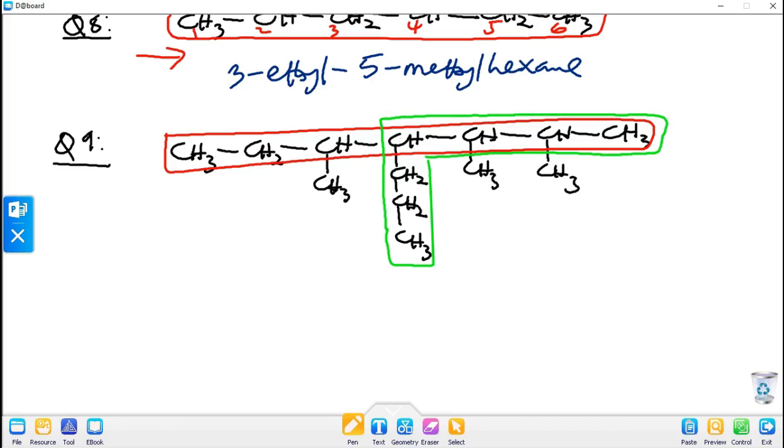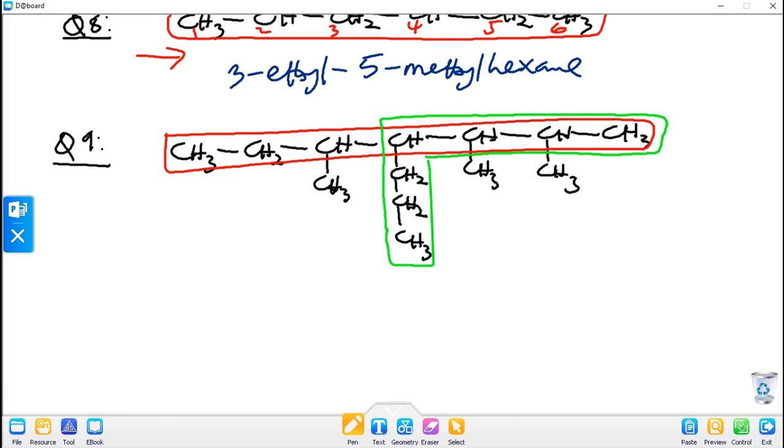Some other person may choose this counting, 1, 2, 3, 4, 5, 6, 7. And another student may choose the straight one. So whether you're taking the straight chain or you're taking the L-shaped chain, all the same, it's still 7. There are still 7 carbons in the chain, 1, 2, 3, 4, 5, 6, 7. Some other person may choose to go from the right hand side.